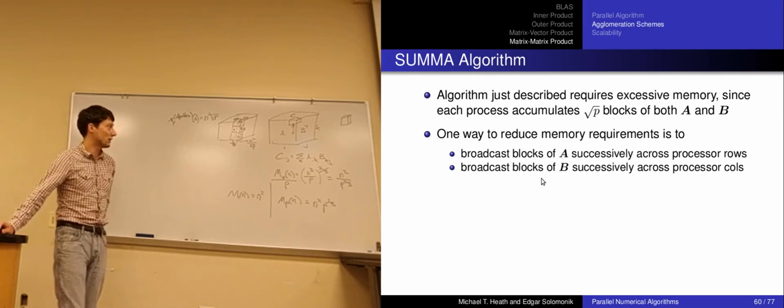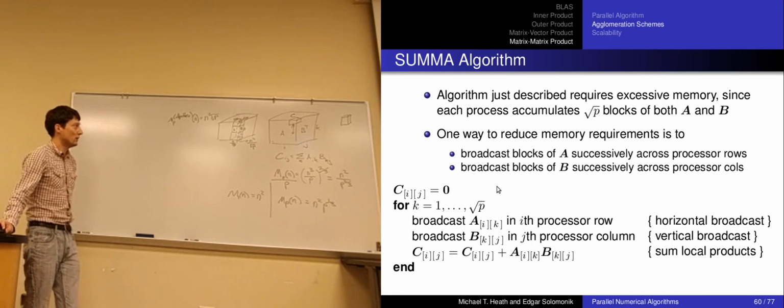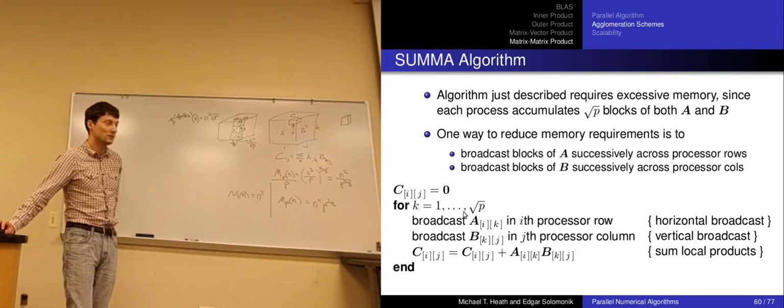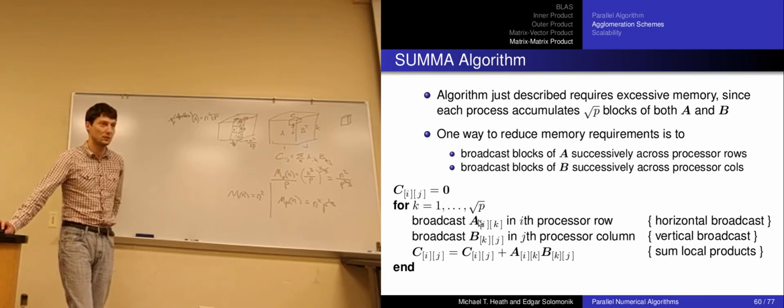So the way this looks in its most basic form is that we iterate, we take square root p iterations. So our communication now happens in steps.